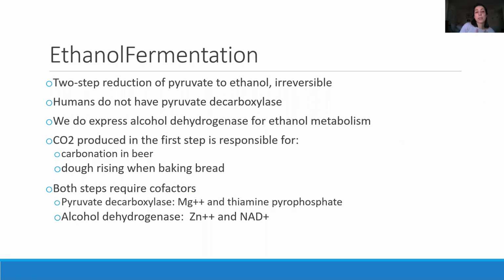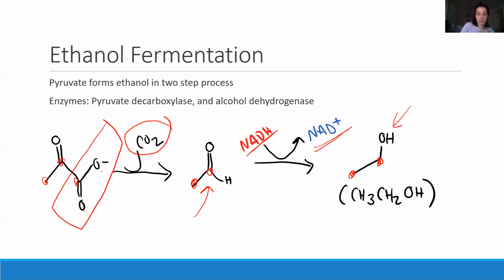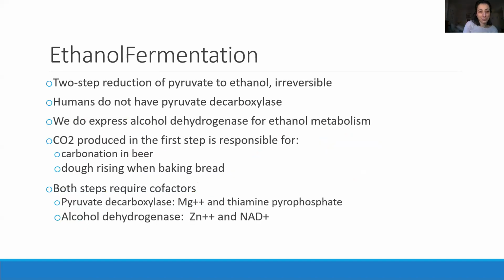As humans, we don't have pyruvate decarboxylase. That is the first enzyme, this enzyme that takes pyruvate and makes our aldehyde. But we actually do have alcohol dehydrogenase. We have alcohol dehydrogenase, but we use it in the opposite way. We actually use it to take alcohol and convert it into other molecules. So important note that while we don't have this first enzyme, we can't ultimately form ethanol.